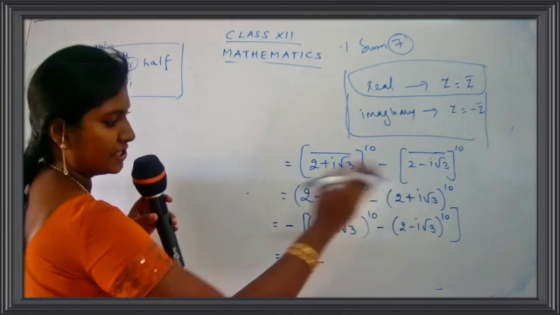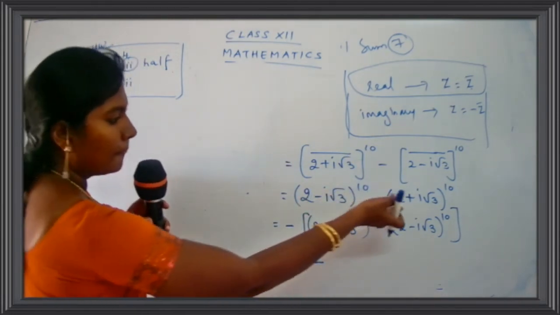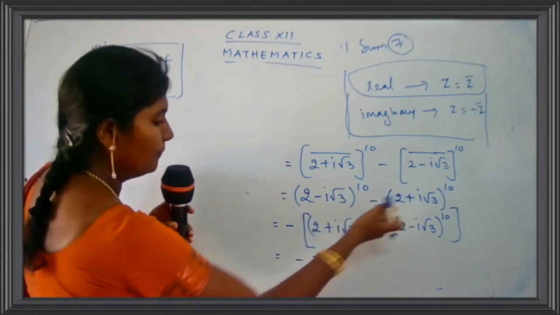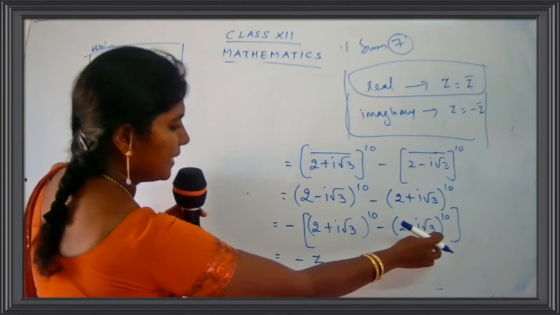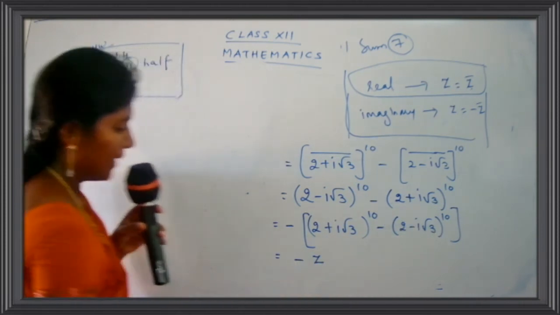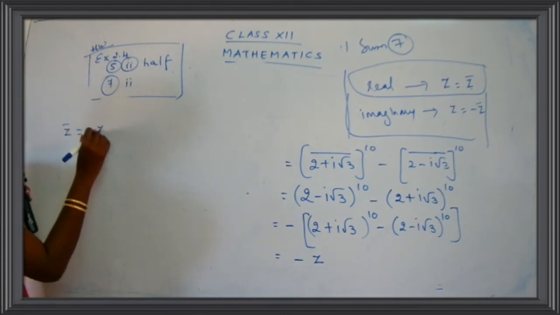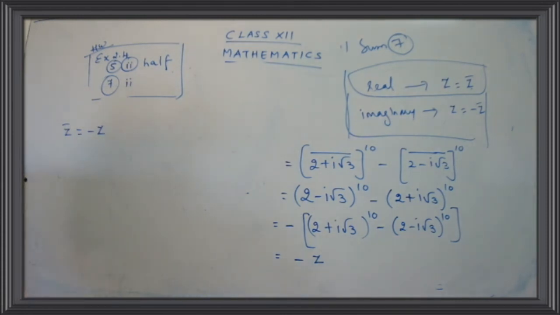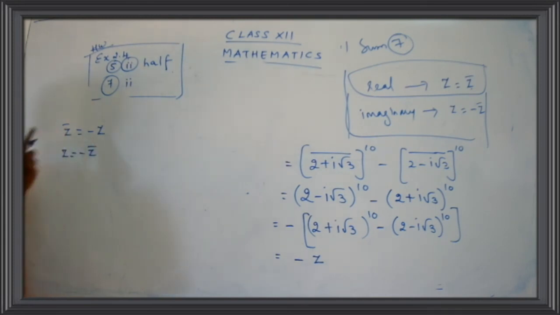What we have done is, I have just taken the minus sign common and I have written the term first. So 2 plus i√3. The plus will turn to be minus, 2 minus i√3. So I get the answer as minus z. You say z bar is equal to minus z, or you can say z is equal to minus z bar. I can just interchange the sign.